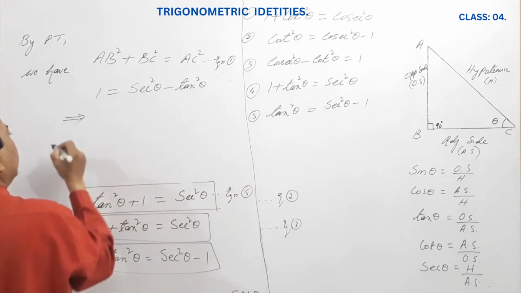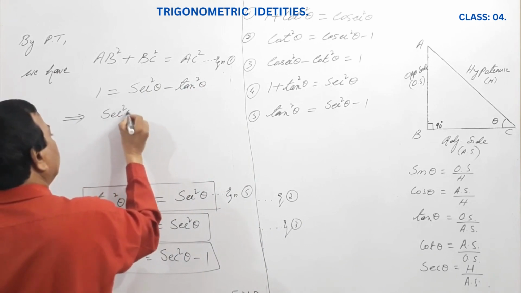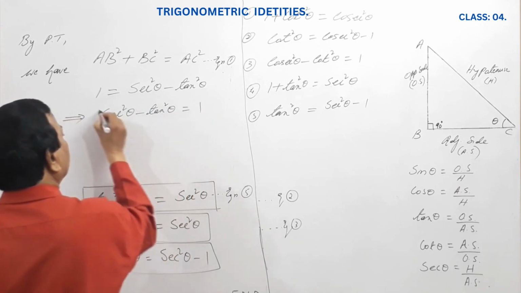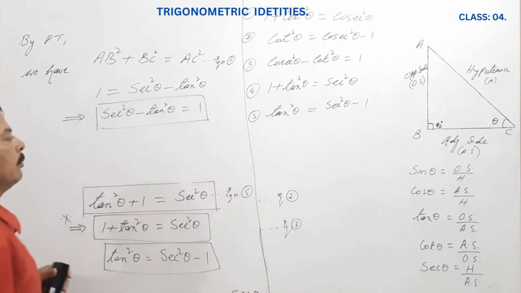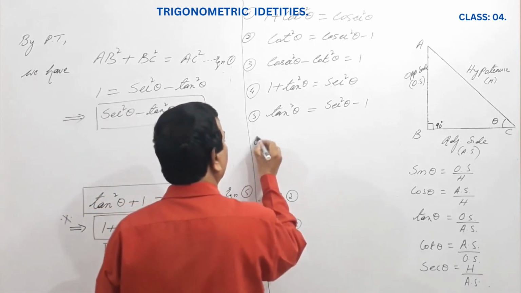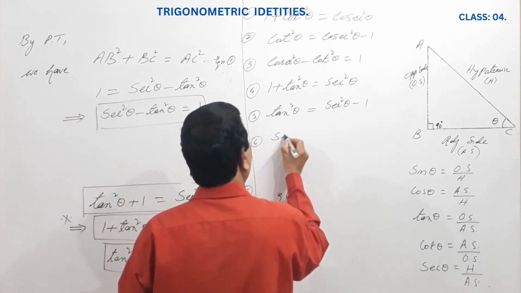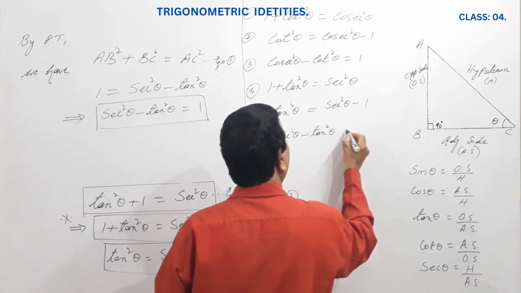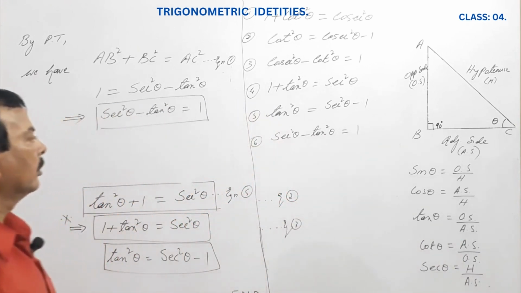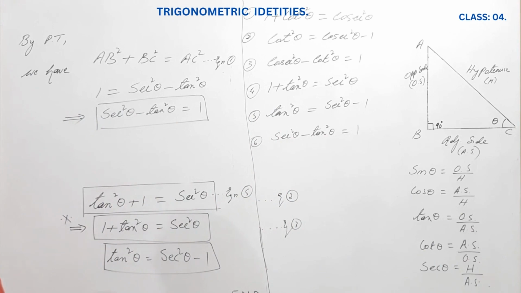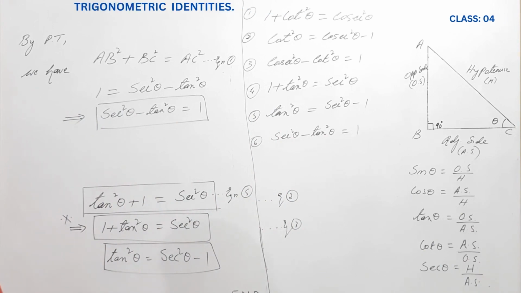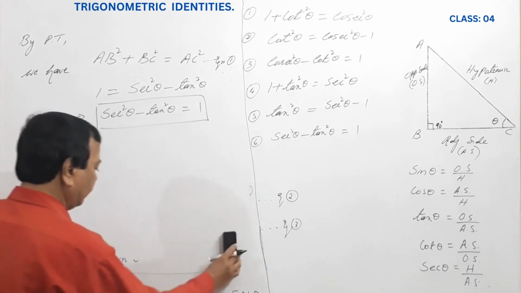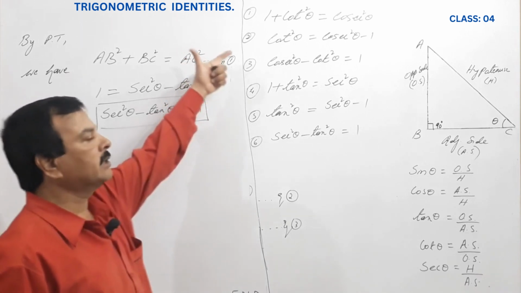So I'll rewrite this as secant square theta minus tan square theta equals to 1. This is also an important formula. Let us make it sixth. Secant square theta minus tan square theta equals to 1. This formula is very important. So we have got 6 relations.